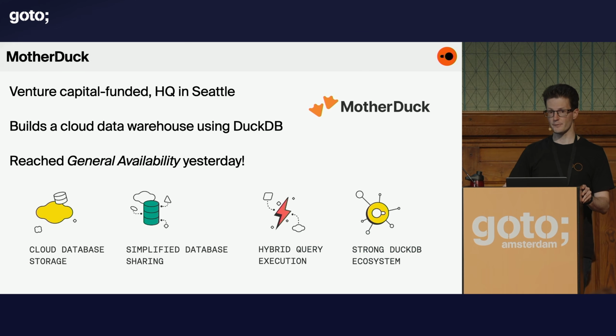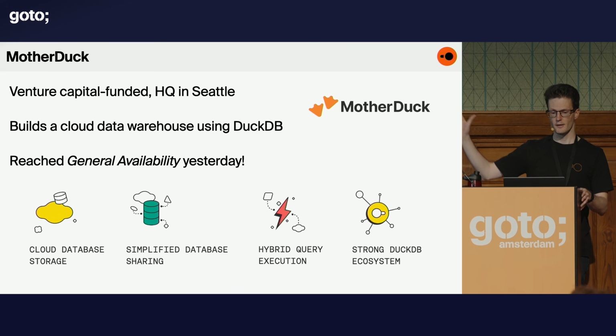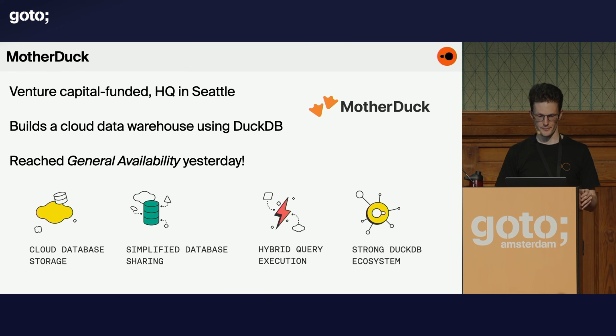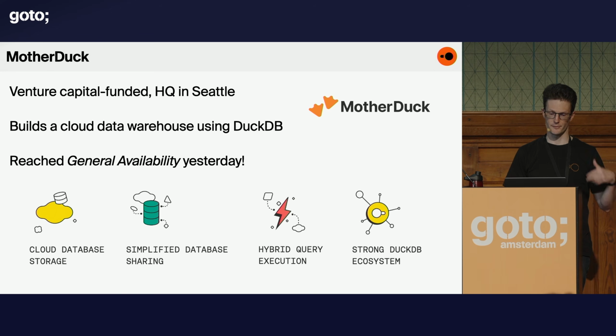And we have companies building on DuckDB. So I mentioned that we do not do multiple writers, and we do not really scale that much. Well, we have a partner company called MotherDuck. They are venture capital funded because they are building a cloud data warehouse, and you cannot really build that based on revenue. And they are based in Seattle with offices also in San Francisco, New York, and here in Amsterdam.